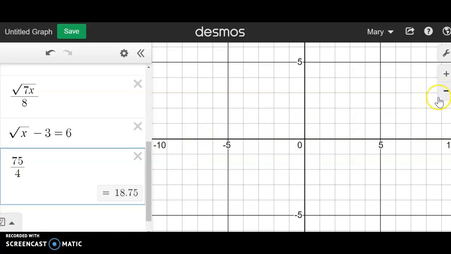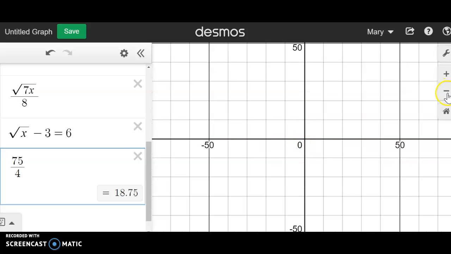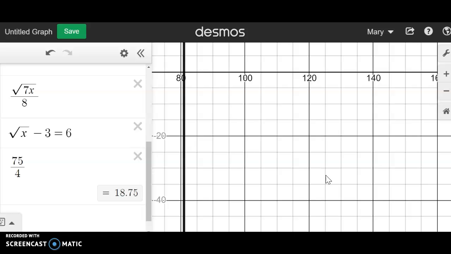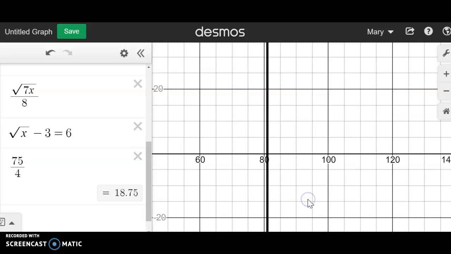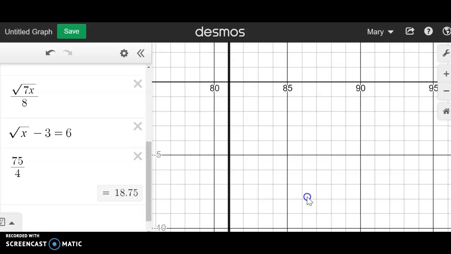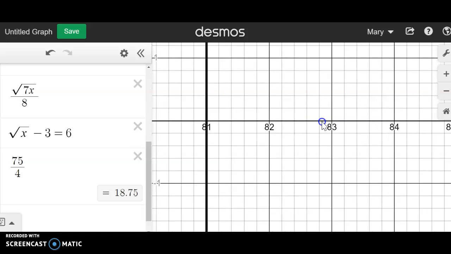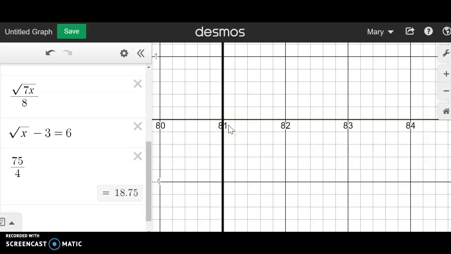I don't see any answer, so I'm going to zoom out a little bit just to check. Oh, wait, there we go. There's an answer right there. If I zoom in on that just a little bit, I might be able to figure out where it actually crosses my x-axis. And it looks like right here that it crosses at 81. And that's the same thing that we got when we solved it by hand.